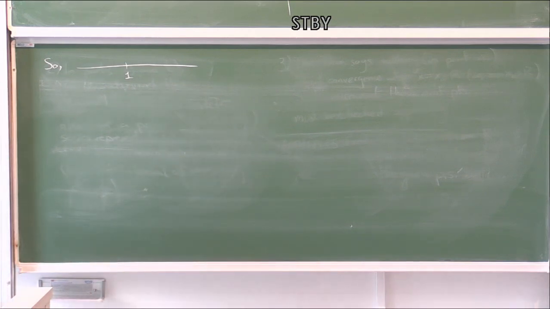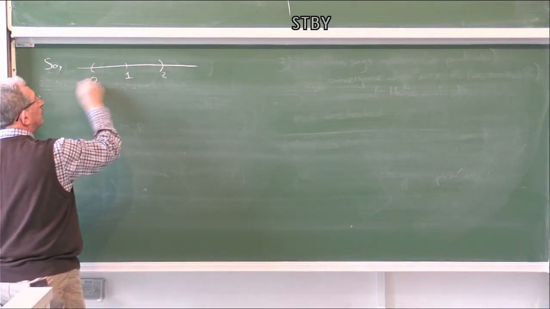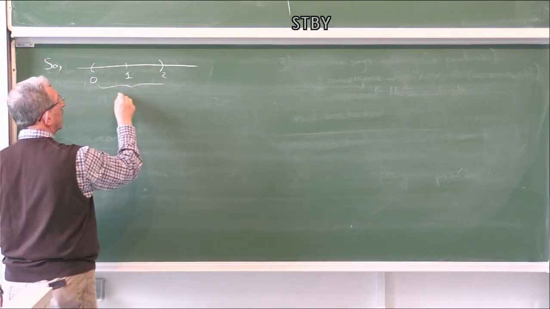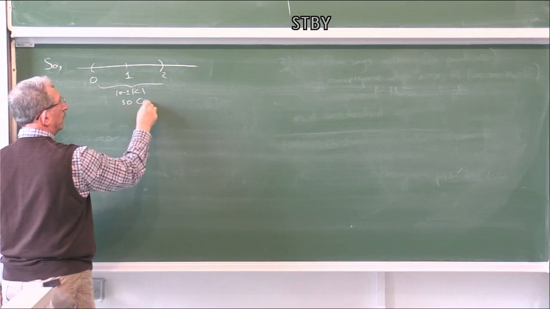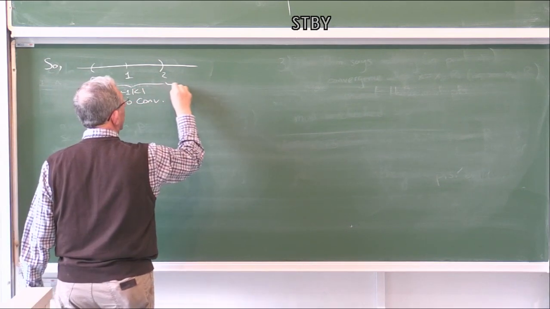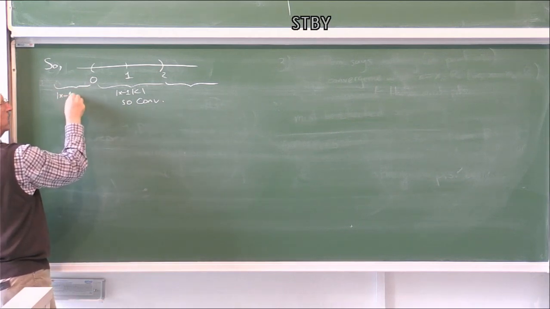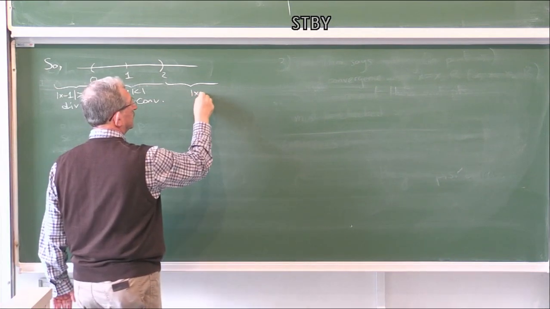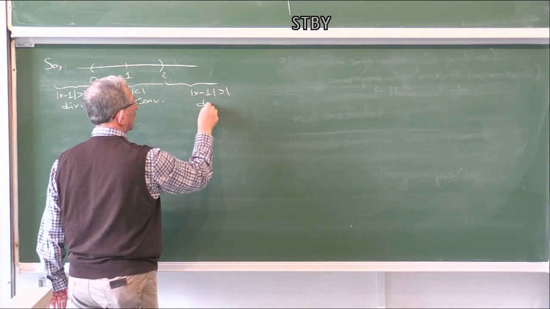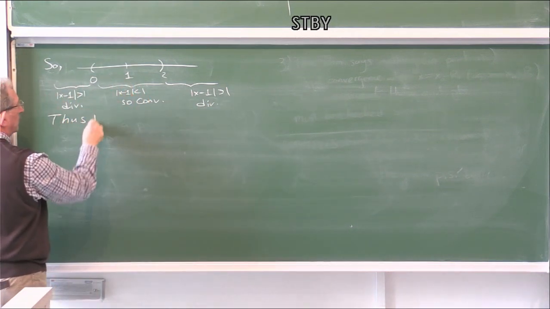We can go far away from 1 by 1 unit, up to 2 or down to 0. Here we have absolute value of x minus 1 less than 1, so convergent. And outside, absolute value of x minus 1 is bigger than 1, so divergent. This says that R is 1.